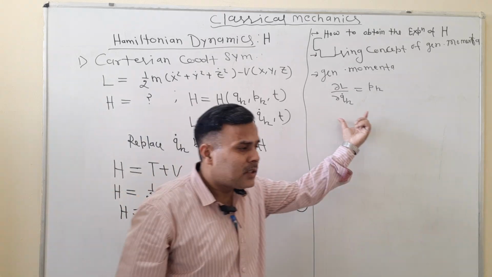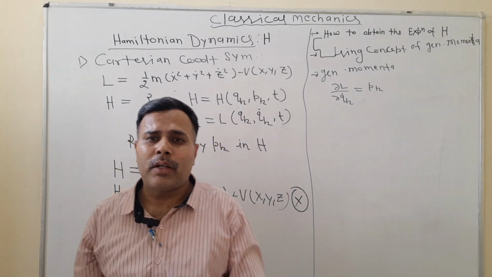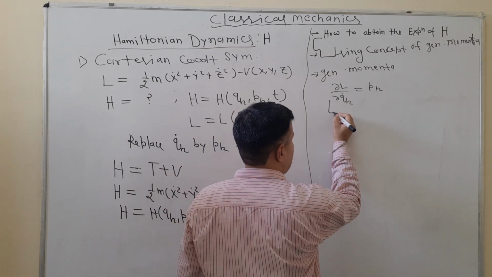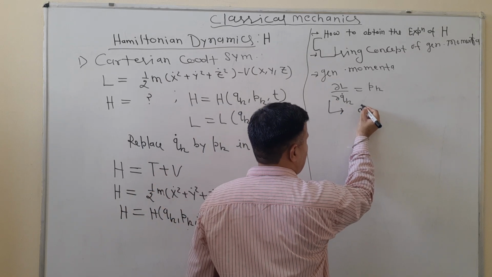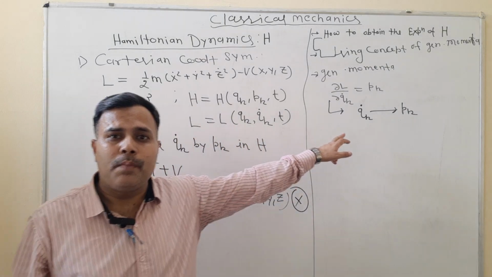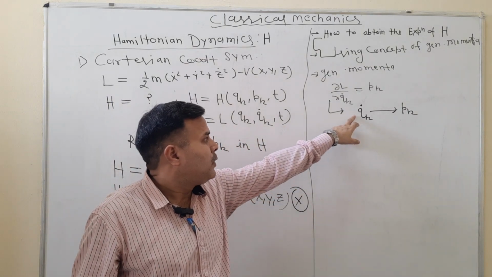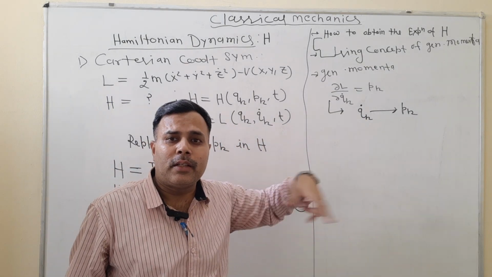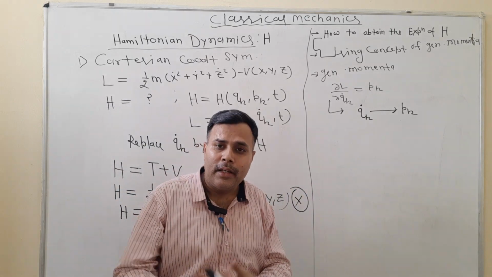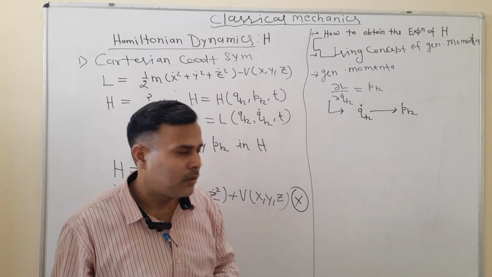With the help of this concept, we can replace our velocity in terms of momentum, meaning with this expression we can replace qk dot by pk. So using the concept of generalized momenta, we can replace our generalized velocity in terms of generalized momenta, and we can write the exact expression of Hamiltonian.